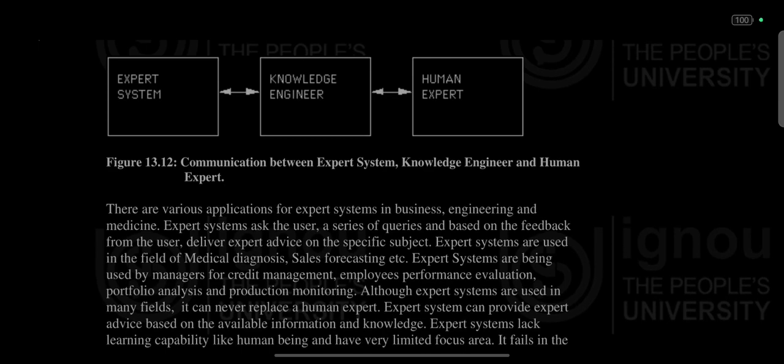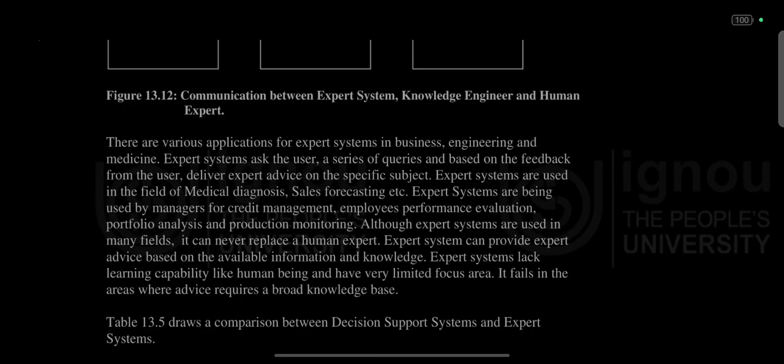Expert systems ask the user a series of queries and based on the feedback from the user deliver expert advice on the specific subject. Expert systems are used in the field of medical diagnosis, sales forecasting, etc. Expert systems are being used by managers for credit management, employees performance evaluation, portfolio analysis, and production monitoring.